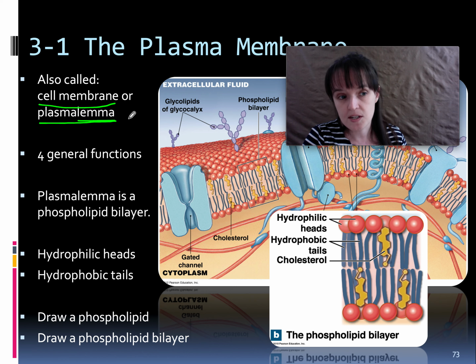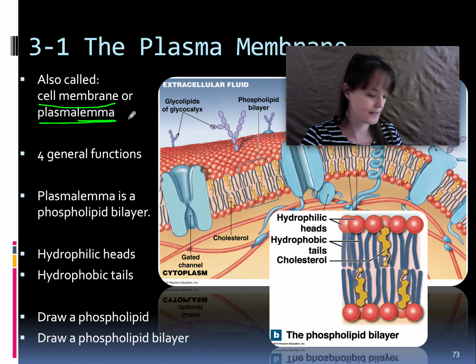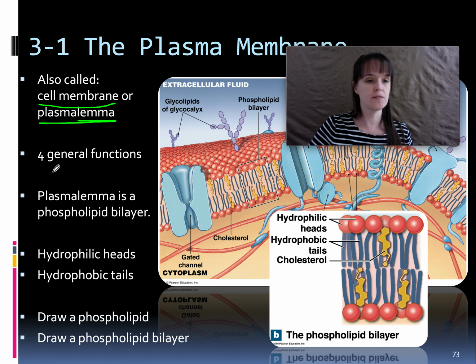So all cell membranes are plasma lemmas, and then our muscle cell membranes are going to be sarcolemma, and the axon membrane is going to be a neurolemma, and we'll get there. But for now, we need the plasma membrane, cell membrane, and plasma lemma. Lemma here means husk. And it has four general functions.